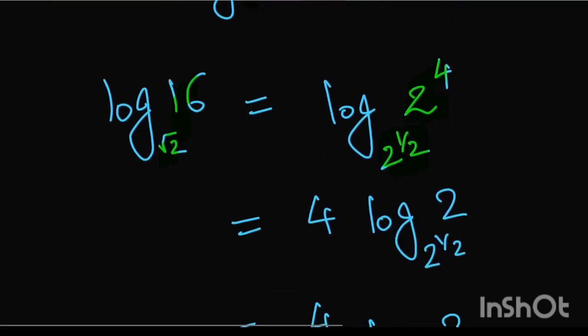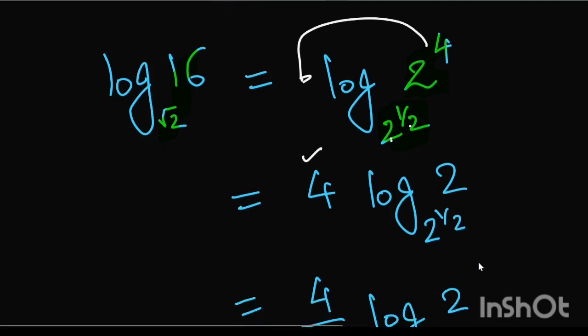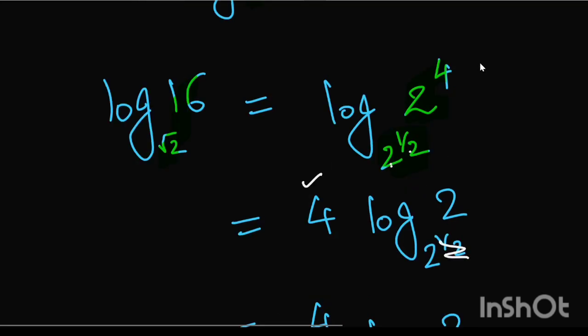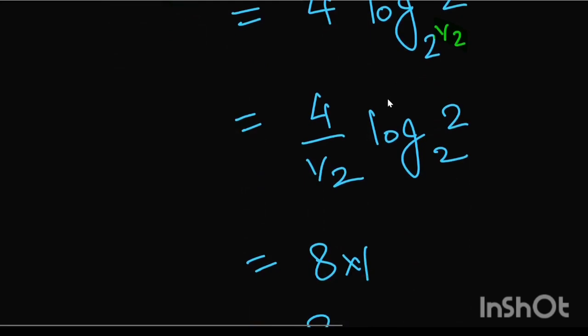So applying the result, log of a to the power n with base b, the 2 to the power half will go in the denominator. So log 2 base 2 is 1, half, 4 divided by half is 8.